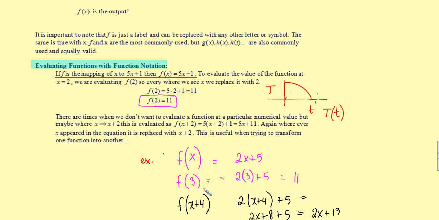But if I'm replacing x with not just a number, but an expression, what that means is that wherever I have x, such as x plus 4 here, f of x plus 4, wherever I have an x, I'm going to replace it with x plus 4. So if I use f of x again as the example, wherever I have an x, I am now going to replace that with x plus 4, so that I end up getting 2 bracket x plus 4 plus 5, which equals 2x plus 13.